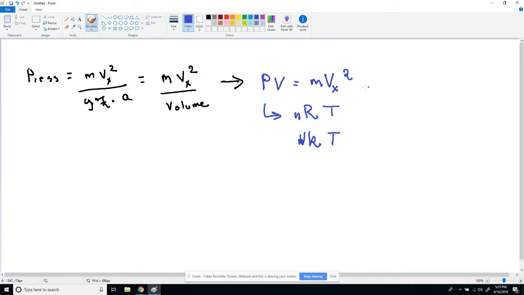So let's think about how we can convert this into a 3D representation, recalling that V total squared is equal to Vx squared plus Vy squared and Vz squared. So how are these related? Assuming that these three are all the same, they're 1/3 of the total value.